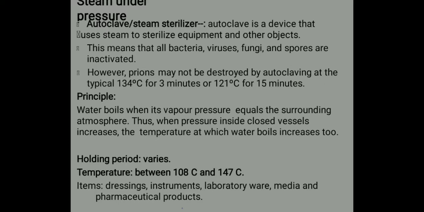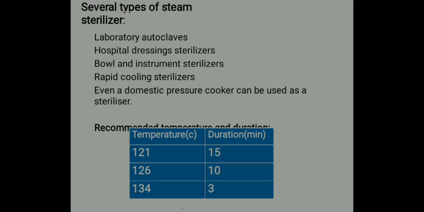Holding period varies. Temperature between 108 degrees Celsius to 147 degrees Celsius. Items: dressings, instruments, laboratory wares, media, and pharmaceutical products. Talking about the several types of steam sterilizer: laboratory autoclave, hospital dressing sterilizer, bowl and instrument sterilizer, rapid cooling sterilizer.